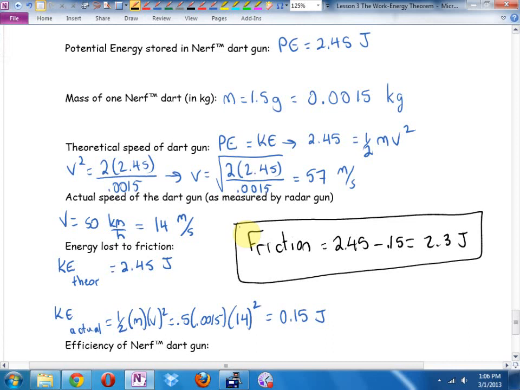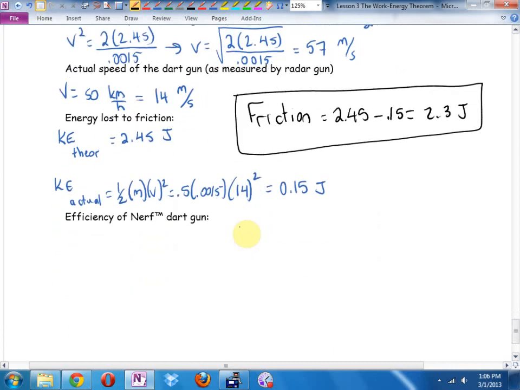Hey, how efficient is my Nerf gun? Not very. Let's quantify it. Remember the funky symbol for efficiency: it's smaller number divided by bigger number, or in this case, how much energy we got out divided by how much energy we put in, times 100 to make it a percent.